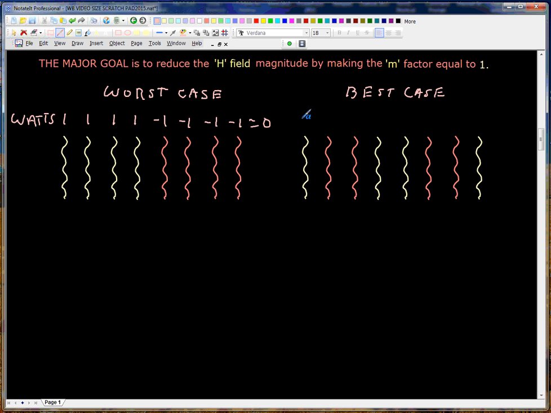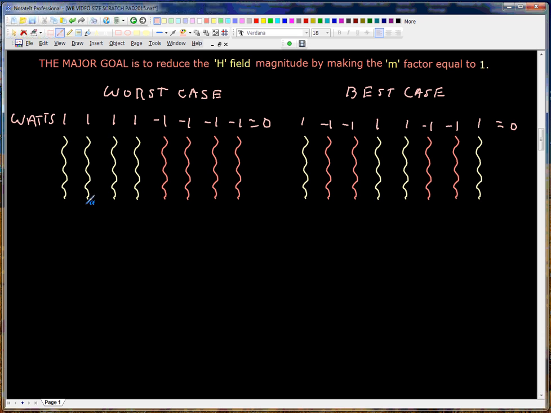For this one, we have 1, 1, 1, and 1, that's the power going in, and -1, leaving the transformer. And again, this has to equal 0.